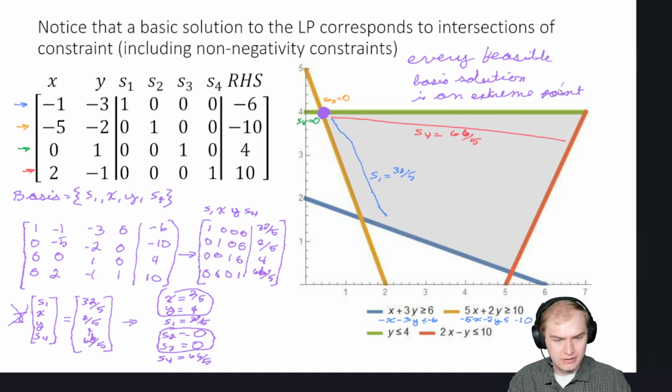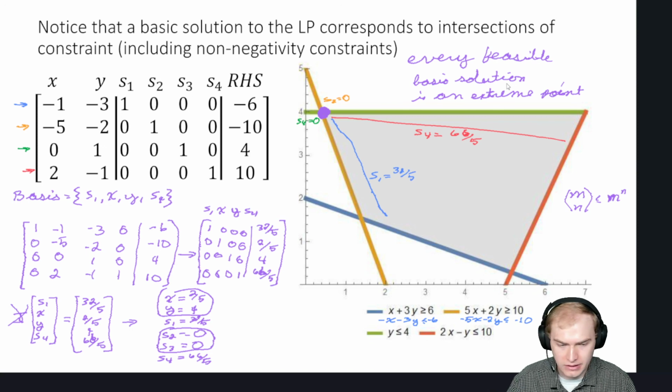Because as I mentioned, there could be as many as m choose n, which is upper bounded by m to the n. Many, many possible extreme points. So we don't want to look through all of them. We want to be intelligent in our searches, and that's what the simplex algorithm we're going to learn in the next few lectures and readings is going to help us do.